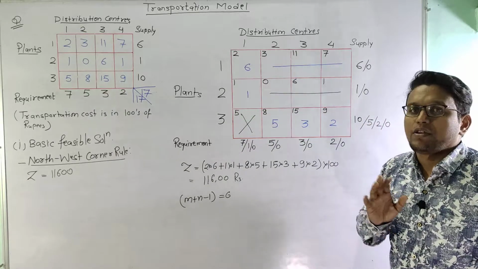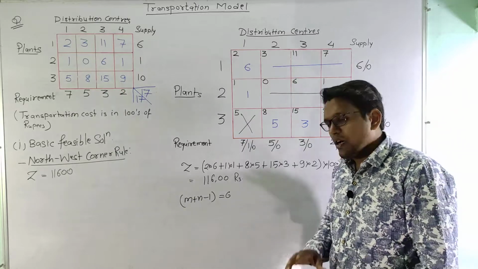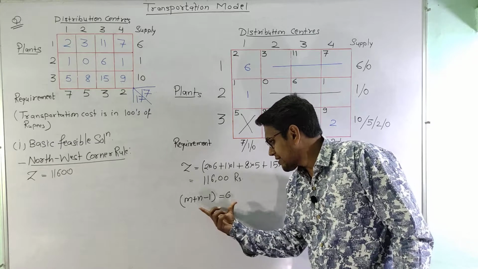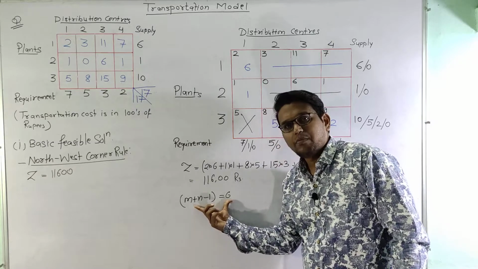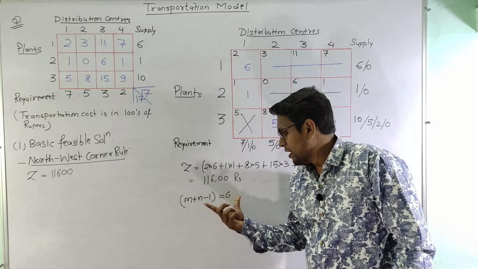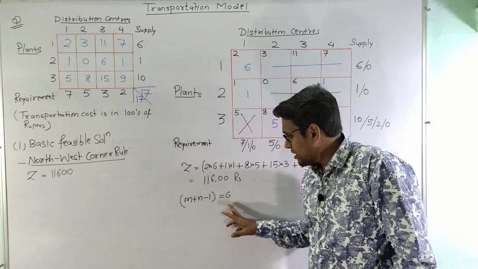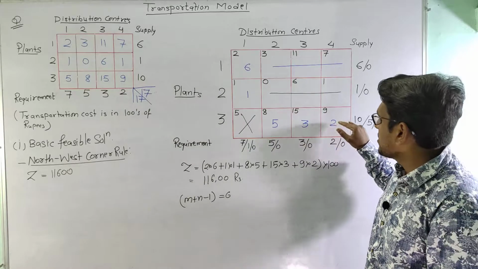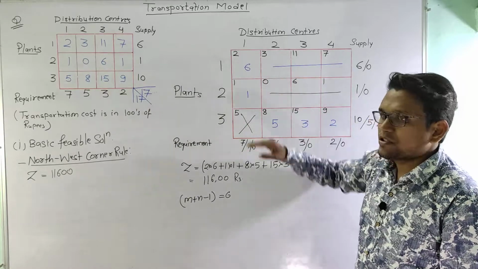and these 5 allocations are independent allocations. Now as per our need, the basic feasible solution must have exactly m plus n minus 1 number of allocations, and m plus n minus 1 is 6. So there should be 6 allocations, but here we have only 5 allocations.